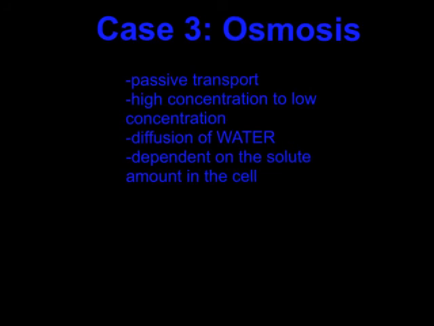Solute, we're going to learn, is dissolved stuff. I'm going to have a bigger discussion of osmosis in another video, so you can check that out on my YouTube page. And I am going to have a discussion of active transport on another YouTube video too.